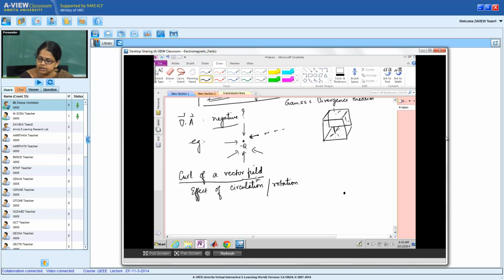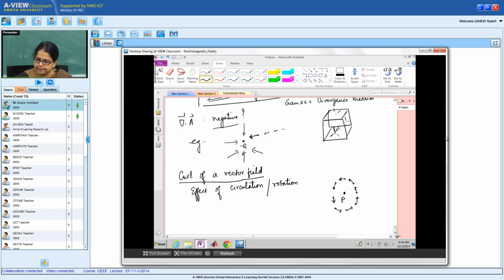Let us say I have a vector field around this point P. At every point I am trying to look at what is the magnitude of this field around this point. Let us say the magnitude is the same, but only the direction is changing, and the direction is such that it is rotating. This is a classic case where I have a large curl. Curl tells you how much the vector is rotating.